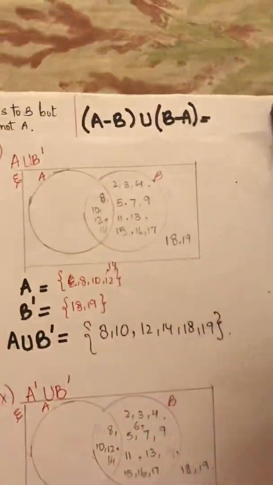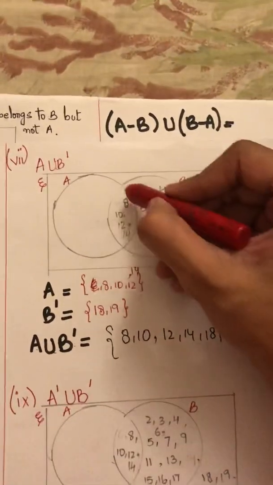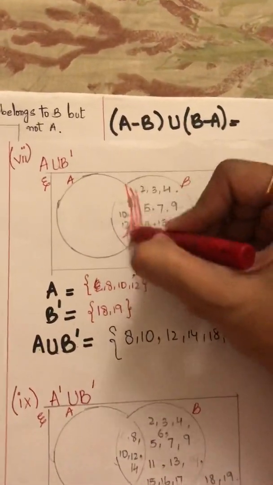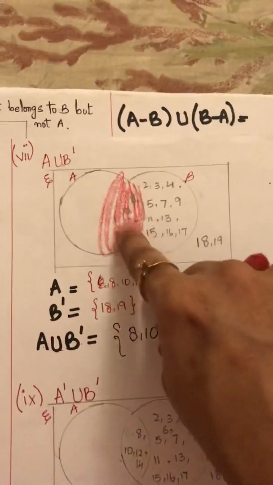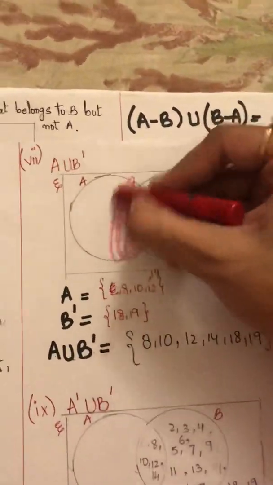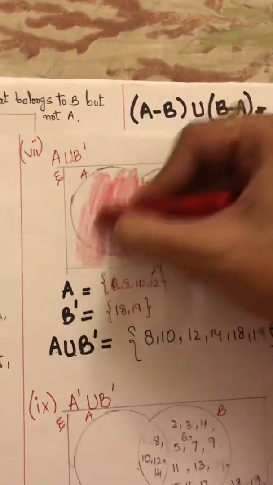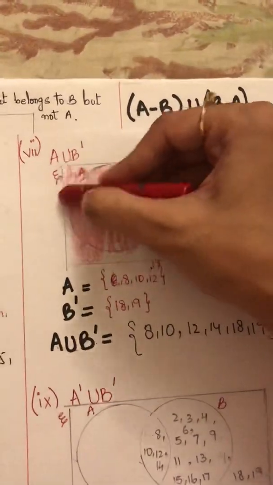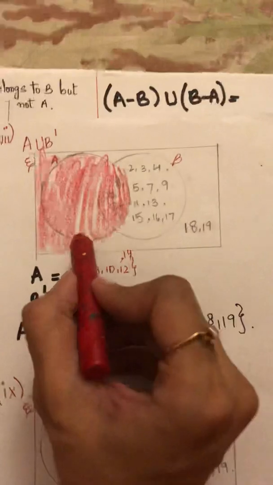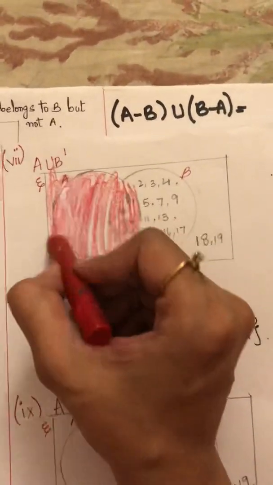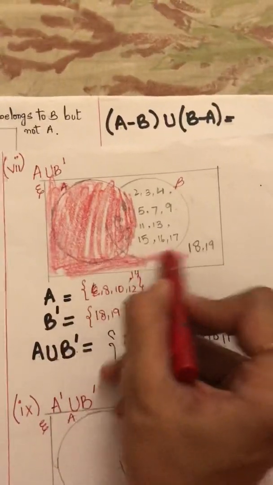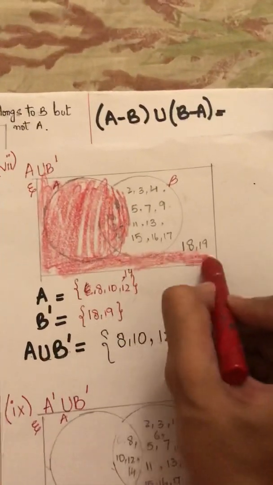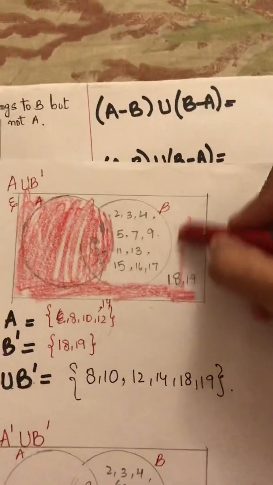And how are we going to shade that? We are going to shade everything, this part as well, because this belongs to A, right? And this part will also be shaded, because this is a part of A. Okay, and then we are going to shade it.